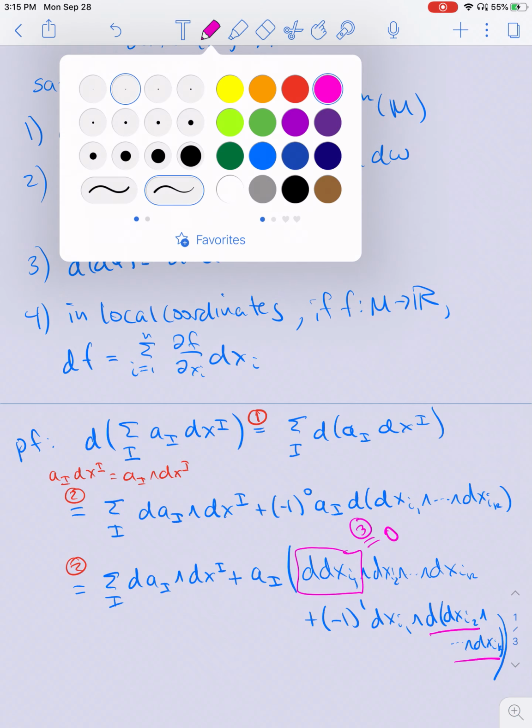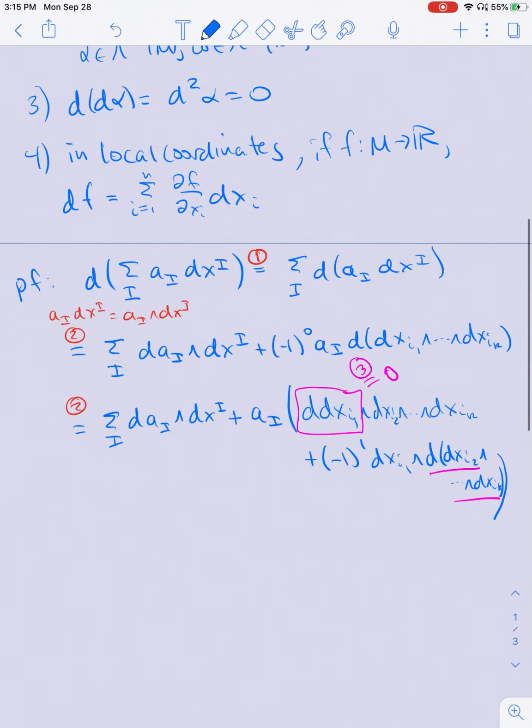So I'm going to be left with, by property 3, the sum over I of d a_I wedge dx_I. And this is exactly the formula that I mentioned in the previous video of how to compute the d of a general form.